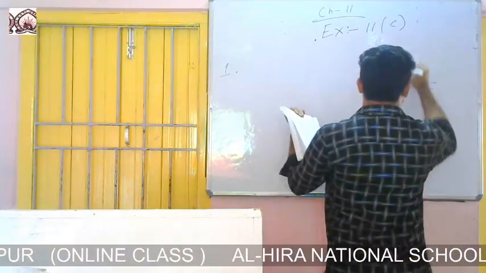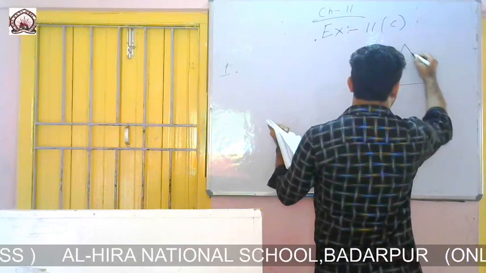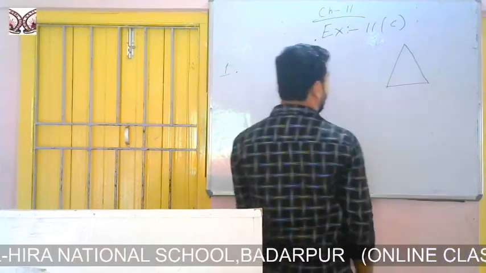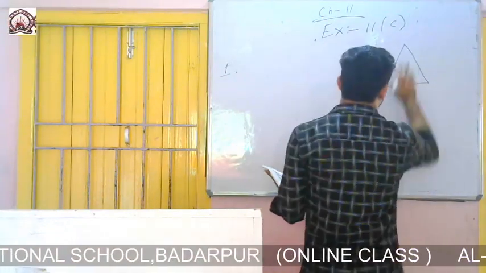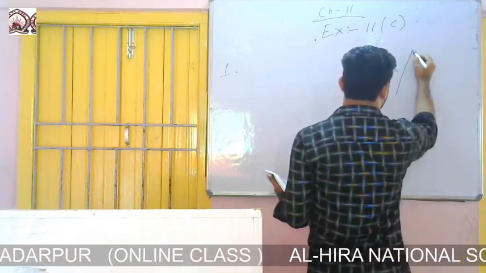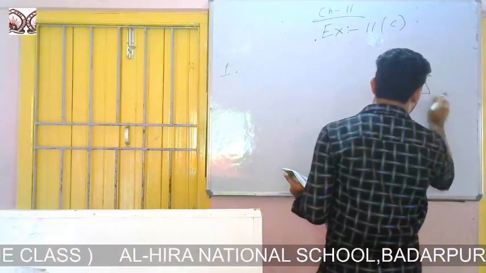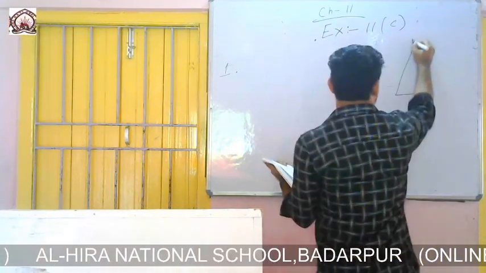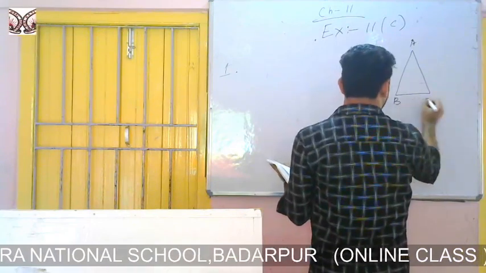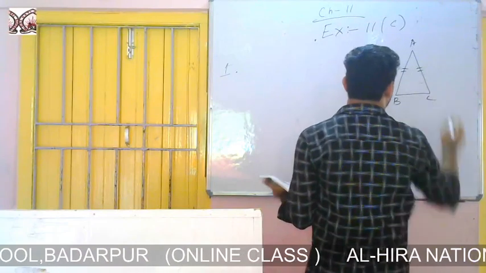It is given that ABC, you see there are two lines like that.